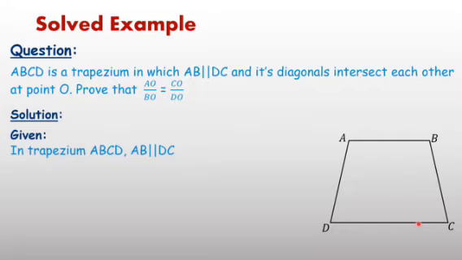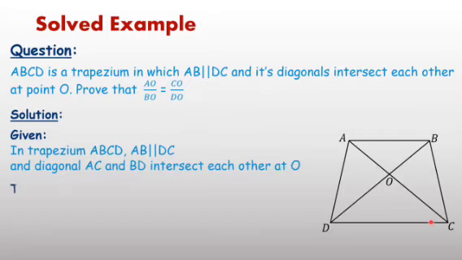Some points you should remember. Since the trapezium's name is given as ABCD, you have to write A, B, C and then D in proper order. You will not write A, B and C here, but A, B, C, D in order. Then AB parallel to DC.